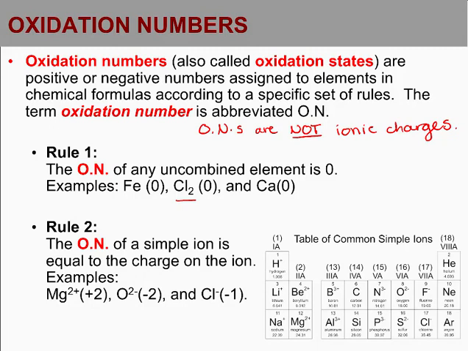And chlorine, we know, has a charge of -1 when it's in its ionic form, so we would give it an oxidation number of -1. So here it looks like the oxidation numbers are the same as the ionic charges, and they are, but again, oxidation numbers are technically not ionic charges. They're just a random number we're assigning, or seemingly random, in order to determine if electrons are being transferred in a reaction.